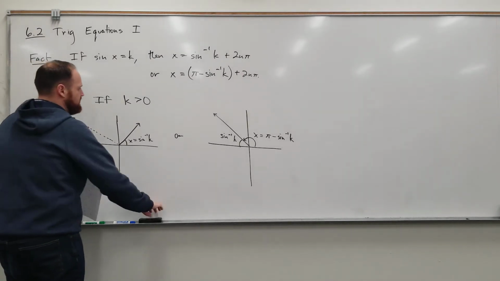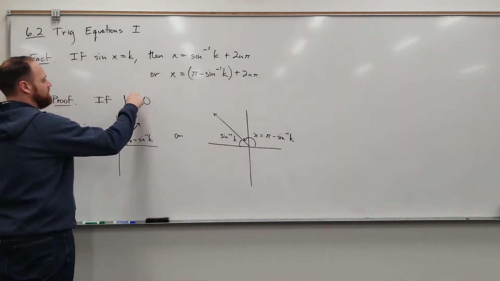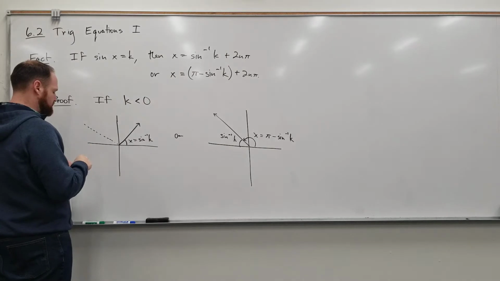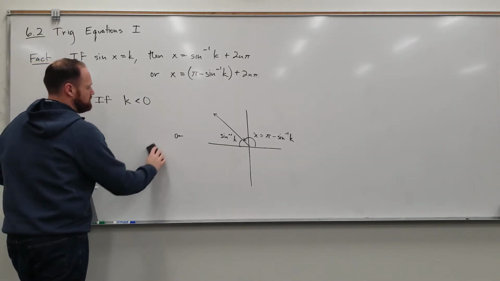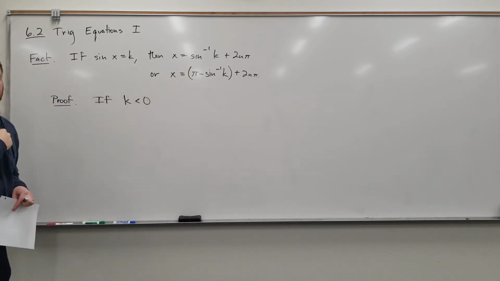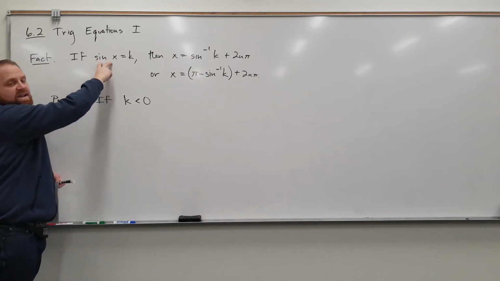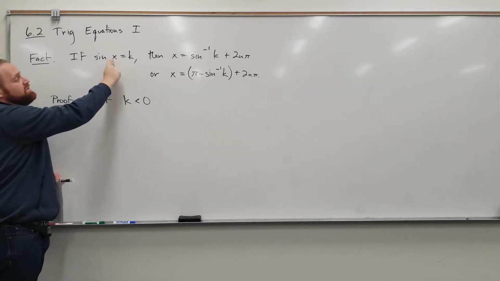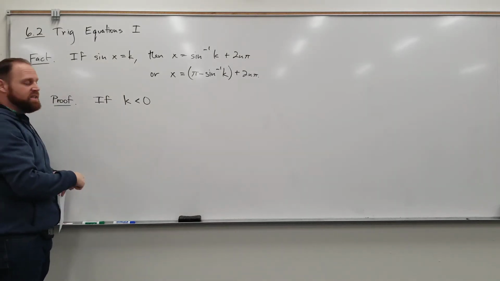I'm going to erase this and look at the case when k is negative. Okay, if k is negative and sine x equals k, then that must mean that x is either in quadrant 3 or quadrant 4, since that's where sine is negative, right?